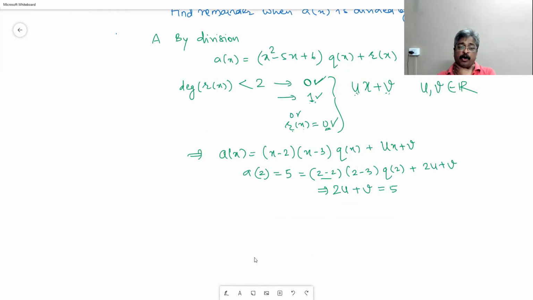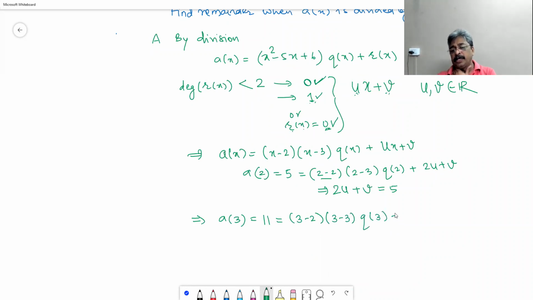Now, we have one more piece of information with us, which is a of 3 is equal to 11, which is equal to 3 minus 2, 3 minus 3, q of 3 plus 3u plus v, which gives 3u plus v is equal to 11.